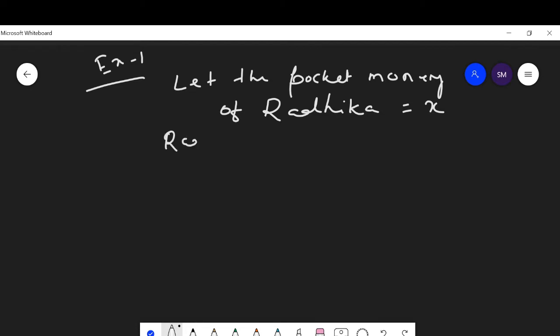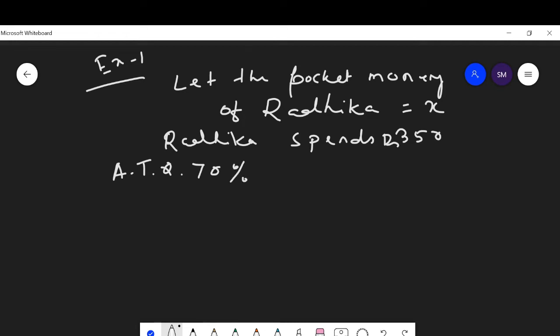But the question says that Radhika spends 350 rupees, which is equal to 70% of her pocket money. Then according to the question, 70% of X is equal to 350.